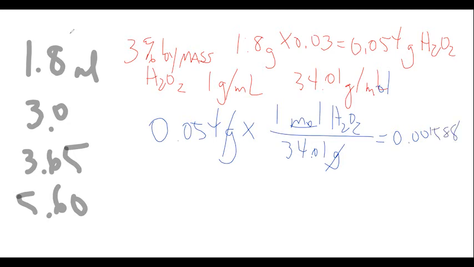Now, I wouldn't report 0.001588 moles as a result because that is too many significant digits. I really should have only 2, because I have 2 significant digits in my mass, and really only 1 because it's 3%.